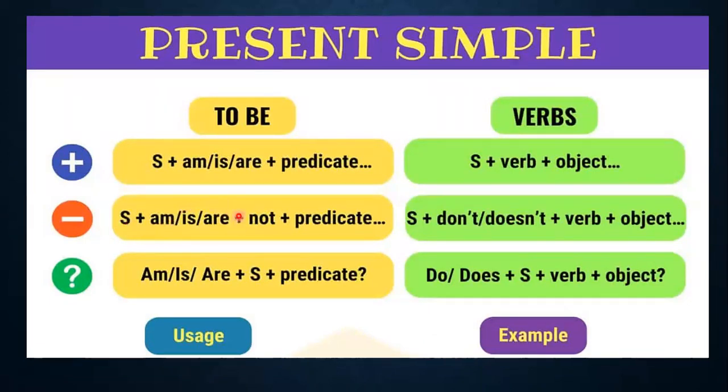Subject plus verb be plus the negative part that is not plus predicate or complement. In this part with verb be, we start by the verb be plus the subject plus the predicate, and of course, please do not forget the question mark, right?